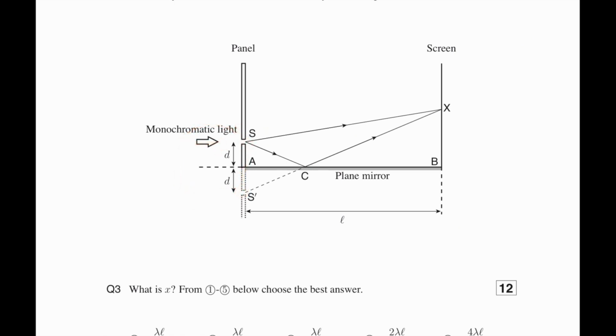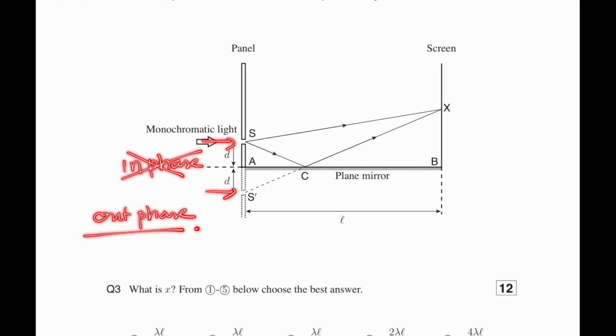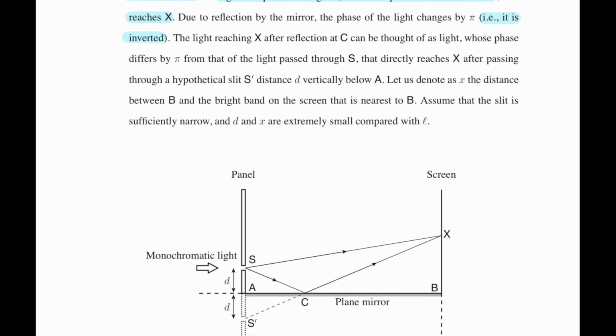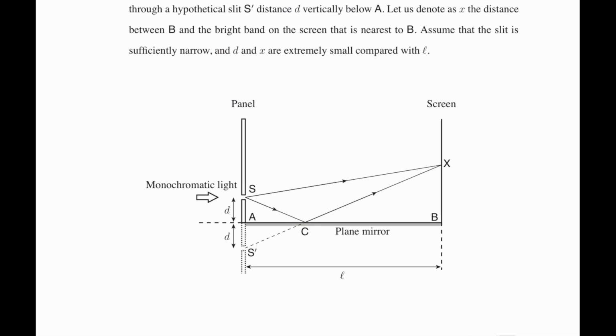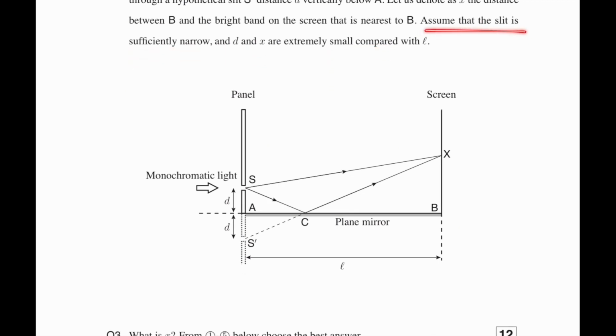But in this question, instead of our two waves being in phase, they are out of phase. And assume that the slit is sufficiently narrow and D and X are extremely small compared with L. This is the general assumption that we use when we talk about Young double slit.